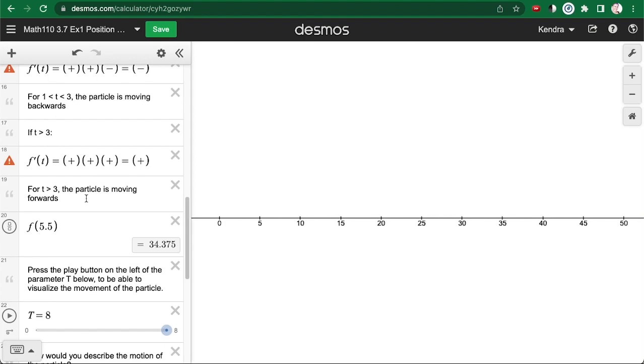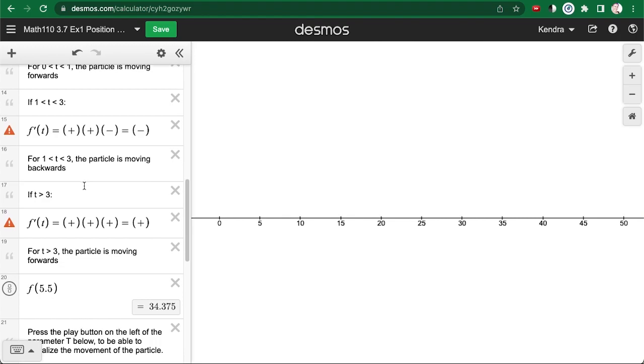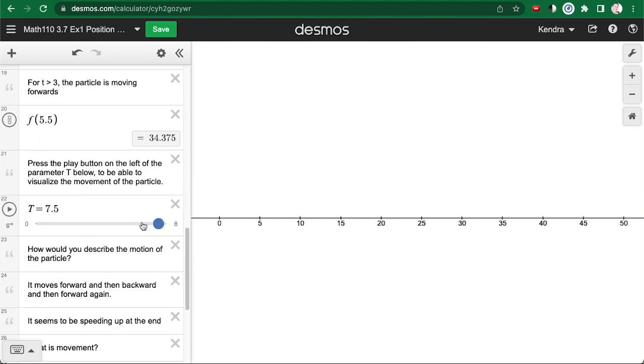So this actually gives us some really good information about the motion: it's moving forward for the first 1 second, and then it's moving backward for the next 2 seconds, and then it's moving forward from then on. So then we could see what the position is at each of these places where it turns around. What is the position when t equals 1?